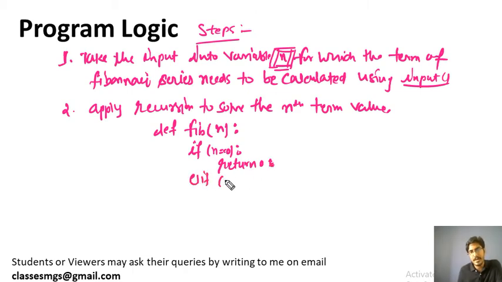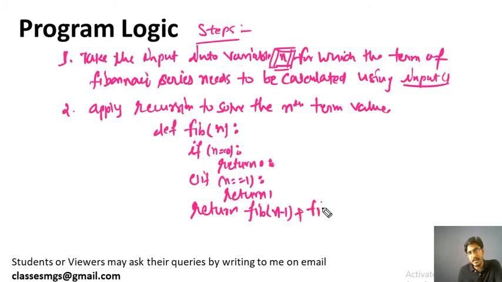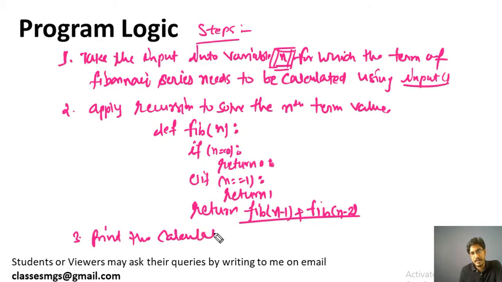If n equals 1, then we will return 1. Otherwise, we will add the last two terms: Fibonacci n minus 1 plus Fibonacci n minus 2. This is how we will solve this. And the third step, print the calculated term. Now we will write the Python code for that.